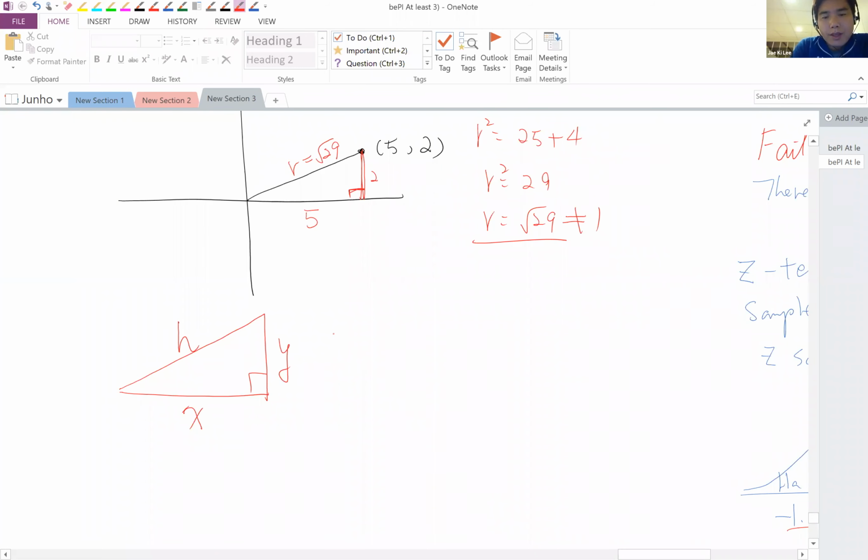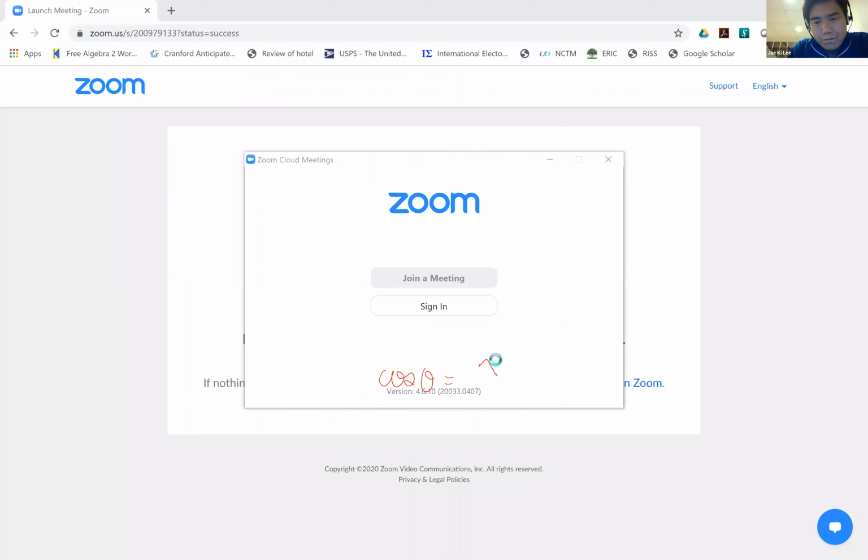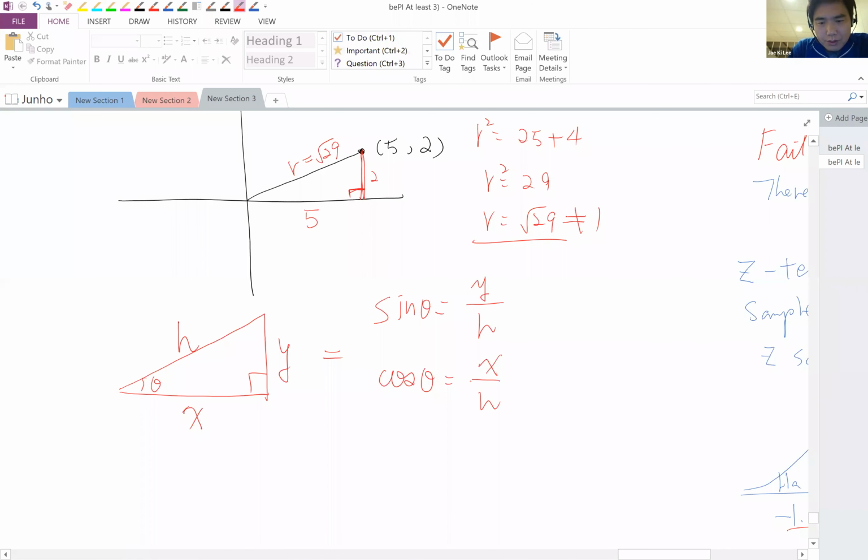Okay, then sine, based on this angle, sine theta equals always y value over hypotenuse. And cosine theta means x over hypotenuse, and tangent theta equals y over x, basically.